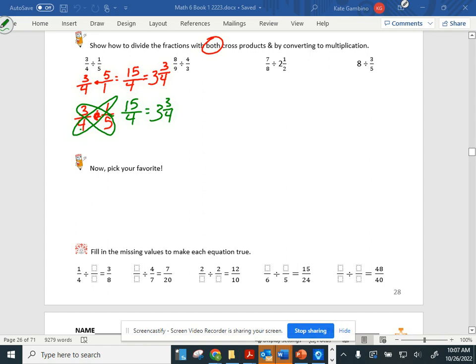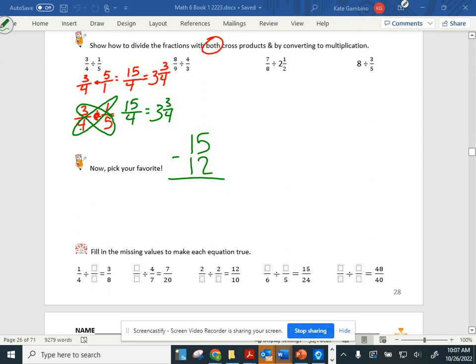When we're doing it with the cross multiplication, I have a question. You go diagonally. Yes. How would you get 3 on 4? So 15 is above 4. If we have 15, 4 can go into it 3 times.